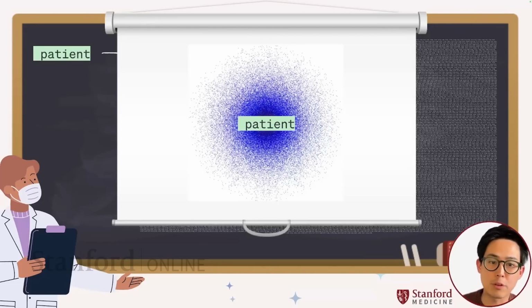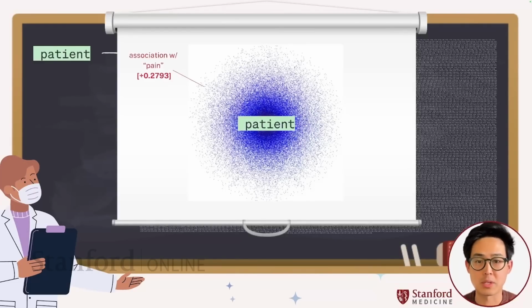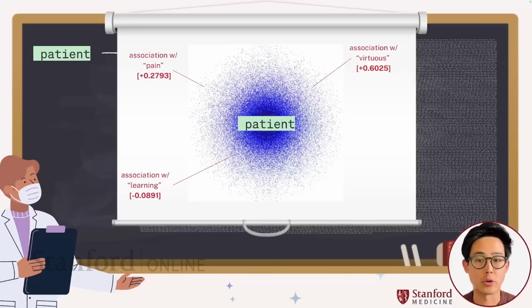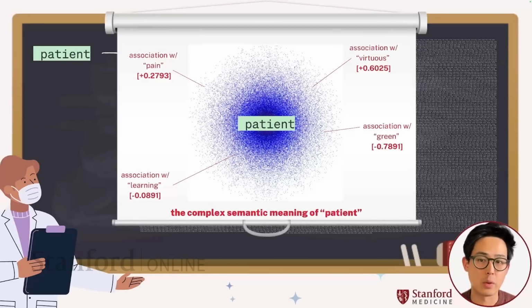And each point reflects the strength of association between the token patient and some particular latent concept. For example, maybe the association with pain, with learning, virtuousness, the color green, and countless others that we can't even name. And taken all together, this entire cloud forms the model's semantic understanding of the word patient.